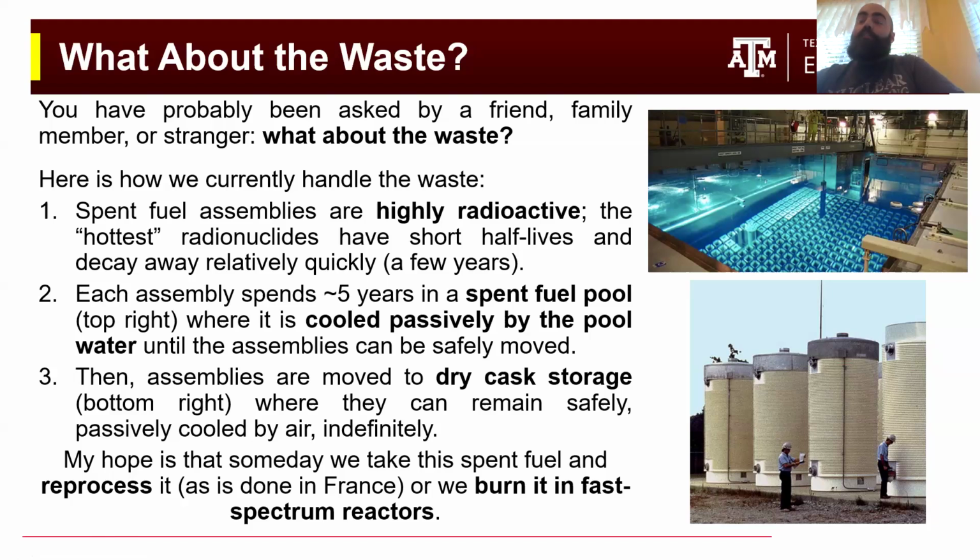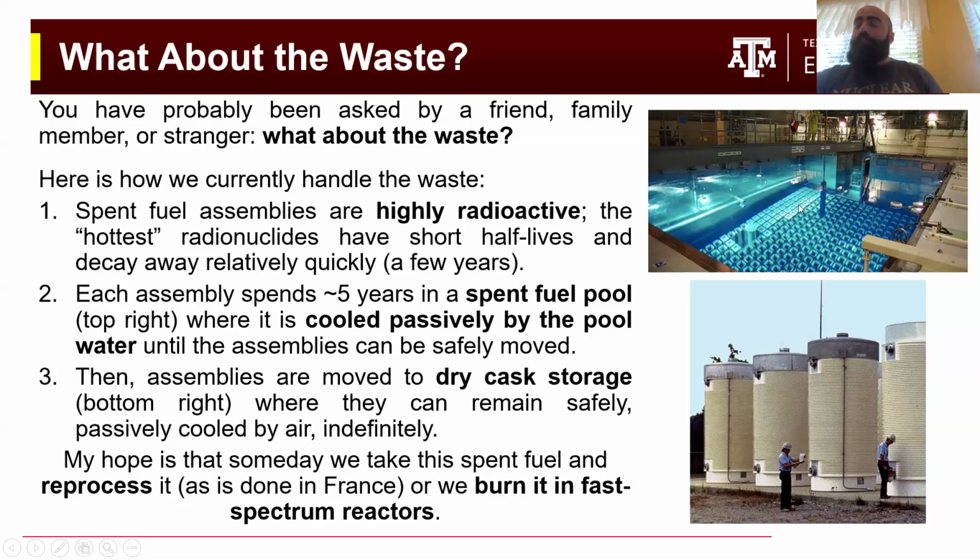The spent fuel has the highest radioactivity right when it comes out of the reactor after being burned for several years. So when it has the highest level of radioactivity, we put it in the spent fuel pool and keep it there for a couple years. That time allows for the highest decaying radionuclides to decay away.